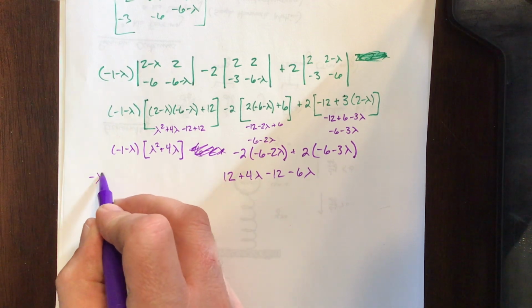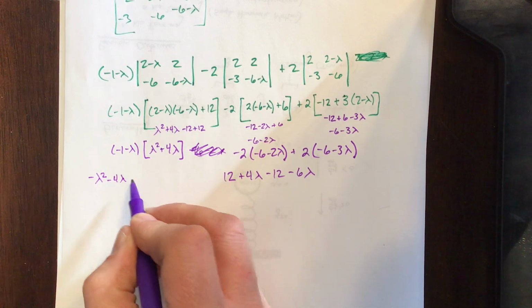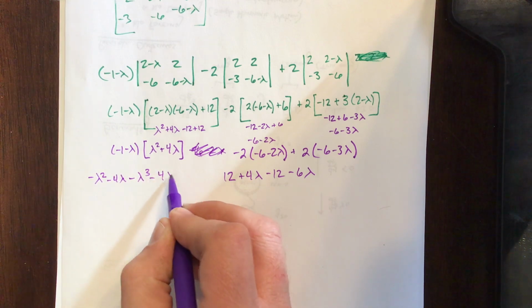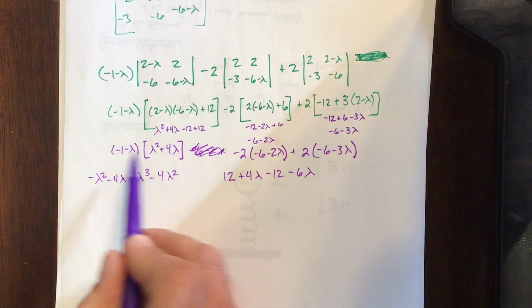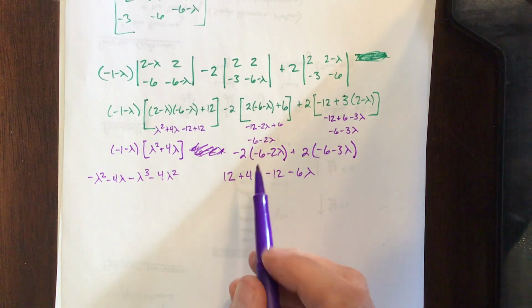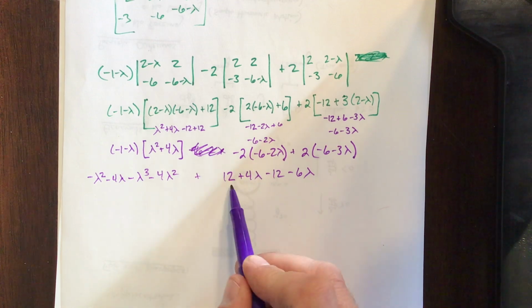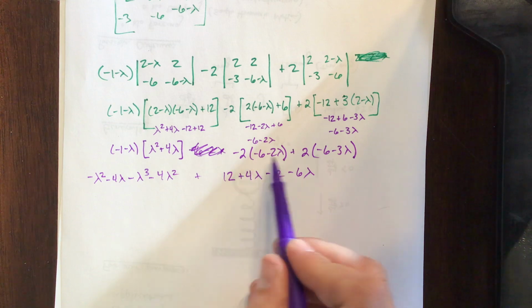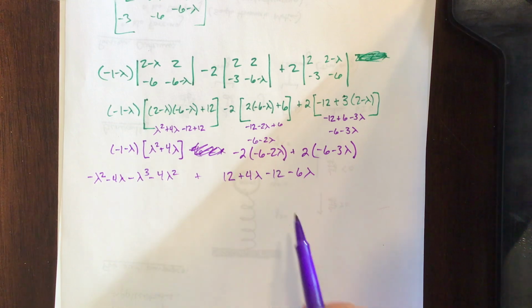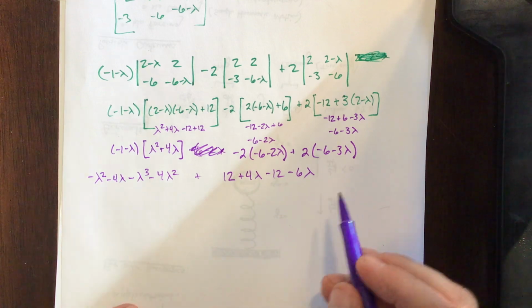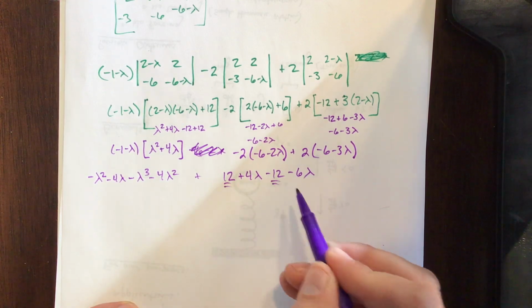Negative lambda squared minus 4 lambda minus lambda cubed minus 4 lambda squared. When you distribute the negative 1 and the negative lambda through there, add it to the 12 plus 4 lambda and minus 12 minus 6 lambda. So these things are going to cancel out.